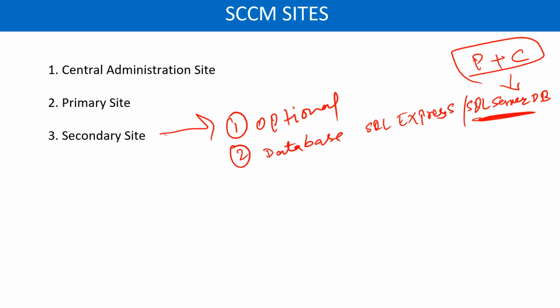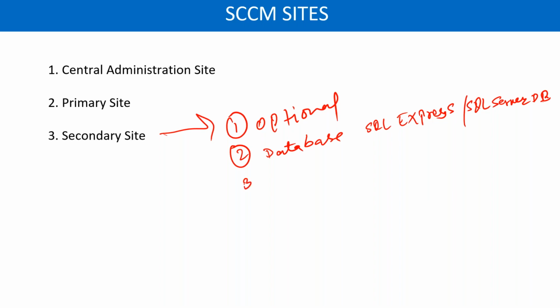No, it won't work. Only secondary can use SQL Express. Okay. And you can't take any other database like MySQL or Oracle DB. Only a Microsoft SQL Server database can be chosen for this task.